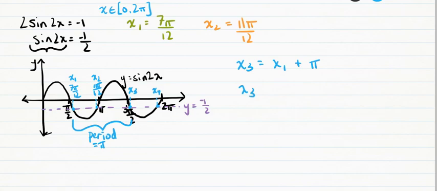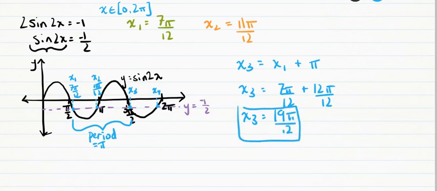And so x3 will be equal to 7 pi over 12 plus pi. And I can get a common denominator here, so pi can also be written as 12 pi over 12. And so x3 is equivalent to 19 pi over 12. So that gives us our third solution. And to get our fourth solution, x4, again, we recognize that between x2 and x4, that's a difference of one full period.